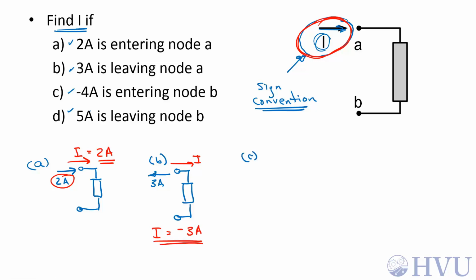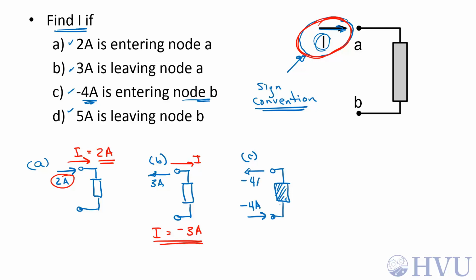For part C, I know that negative 4 amps is entering node B. So I have current entering node B, and it's negative 4 amps. My circuit elements can't absorb charge, so any current entering the element has to be balanced by an equal current leaving the element.